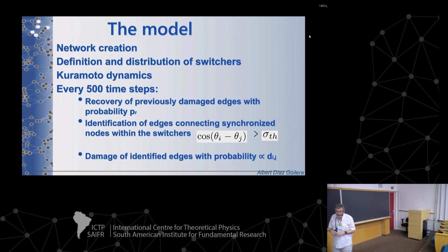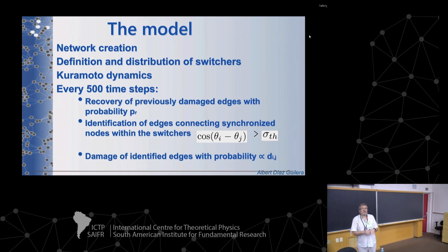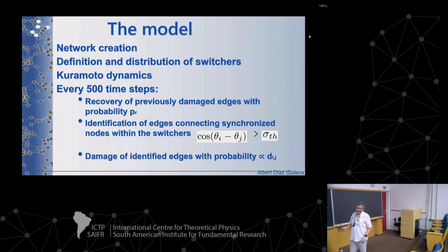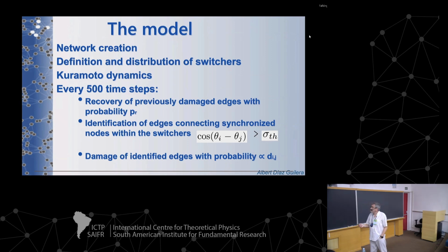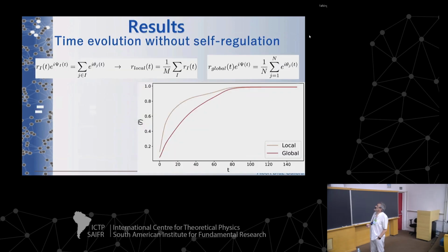If the switcher detects very synchronized activity along this axon, then it doesn't kill it, but stops it from working for a while. We use this: if the cosine of the phase difference is above some threshold, then we make this change.